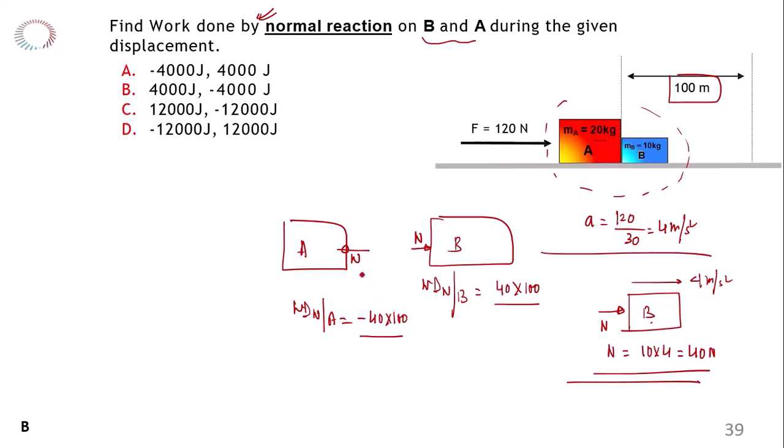Why minus? Because now the angle is 180 degrees. So it should be minus 4000. So these are the two answers: the work done by the normal on B is 4000, and on A it is minus 4000. That will be your answer.